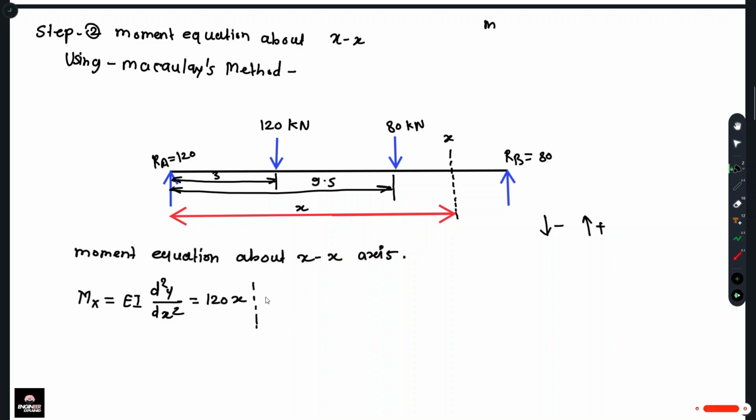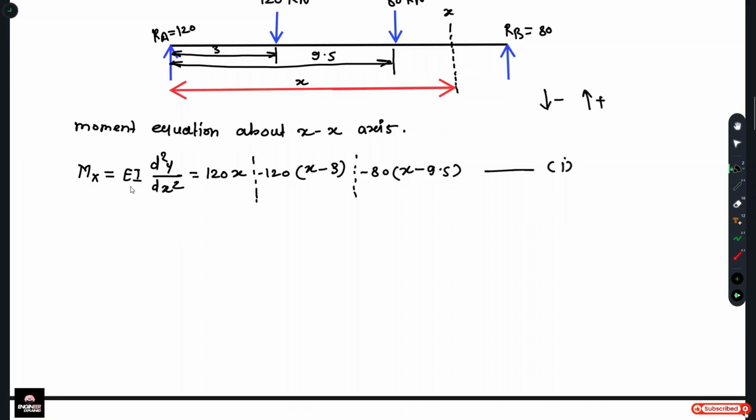Next is minus 120 multiplied by x minus 3, since the distance of the 120 kilonewton load from RA is 3. Next is minus 80 multiplied by x minus 9.5, the distance of the 80 kilonewton load from RA. Bracket complete. This is our equation 1.